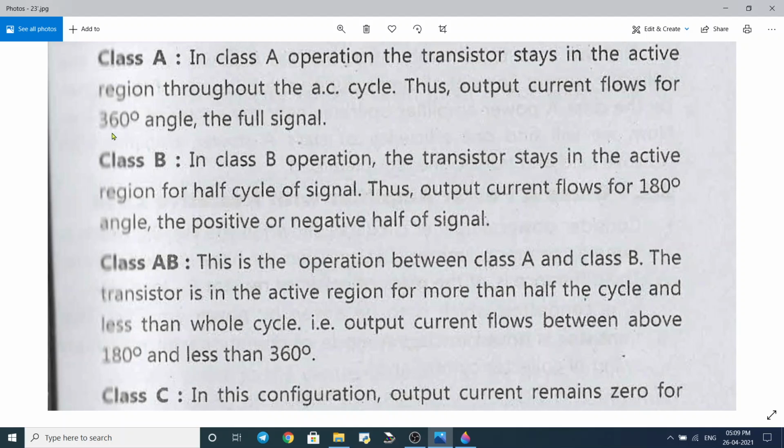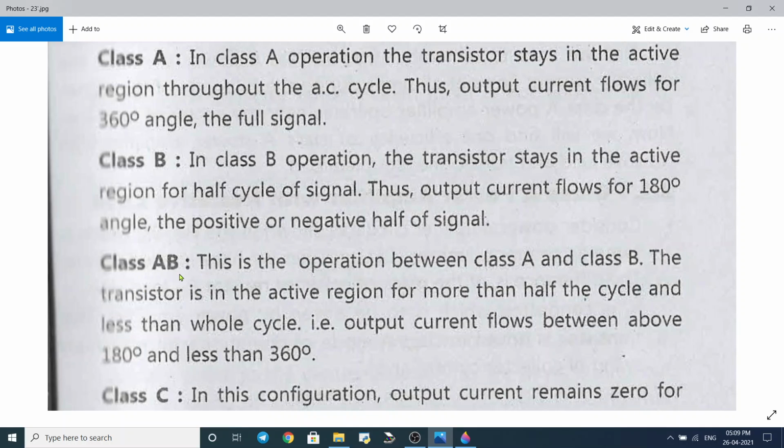The full cycle is 360 degrees and the half cycle means 0 to pi, and this is 0 to pi and pi to 2 pi. So the output current flows for a 180-degree angle, that is either the positive or negative half cycle.